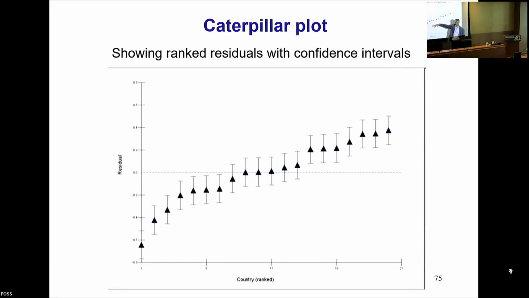They're not all distributed around 0. So this is another visual representation of the importance of a multi-level model. It does similar things to what a VPC, a variance partition coefficient, does. So the VPC gives you a number. The caterpillar plot gives you a visual representation of how important that number is.